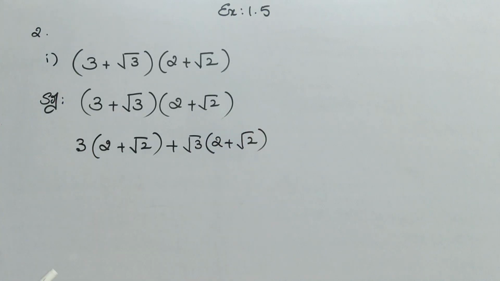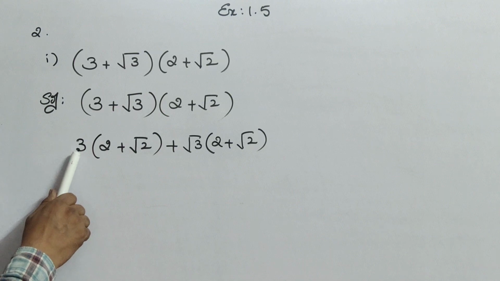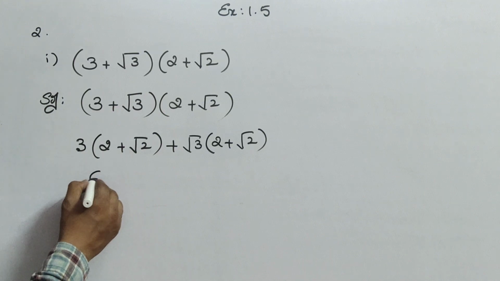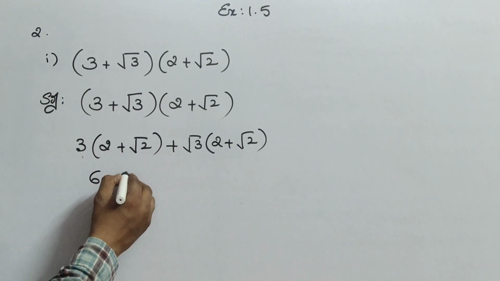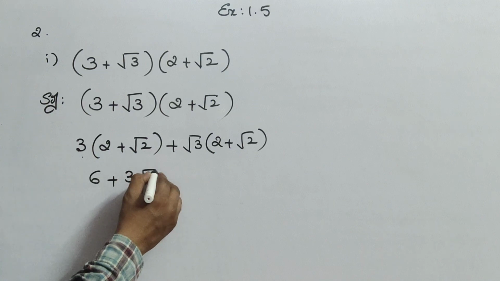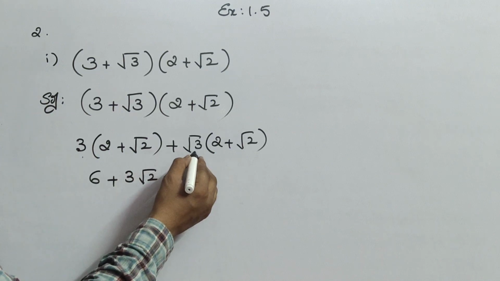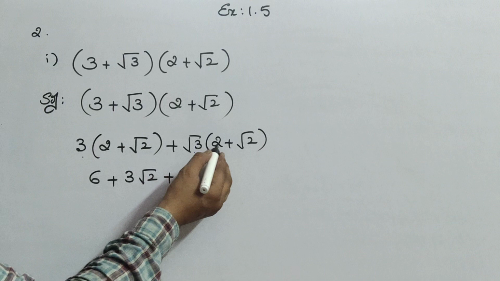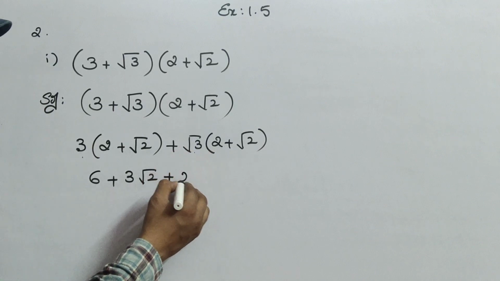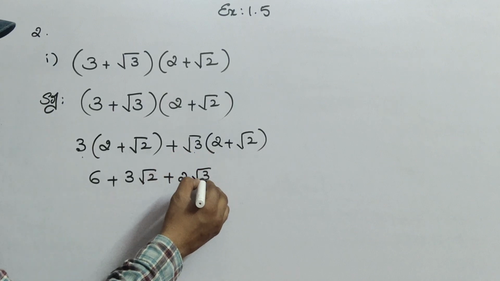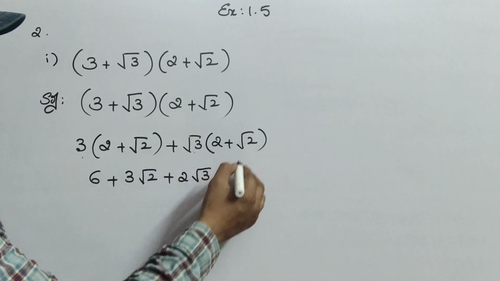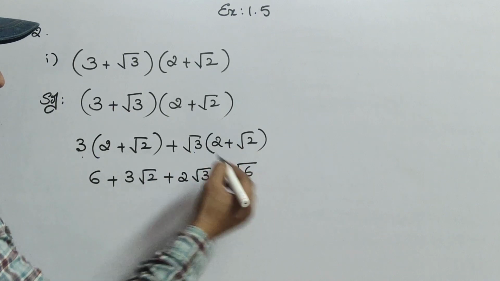And you all know very well how to do this multiplication. 3 2s are 6, plus 3 into root 2, 3 root 2, plus root 3 into 2, 2 root 3, plus root 3 into root 2, root 6.